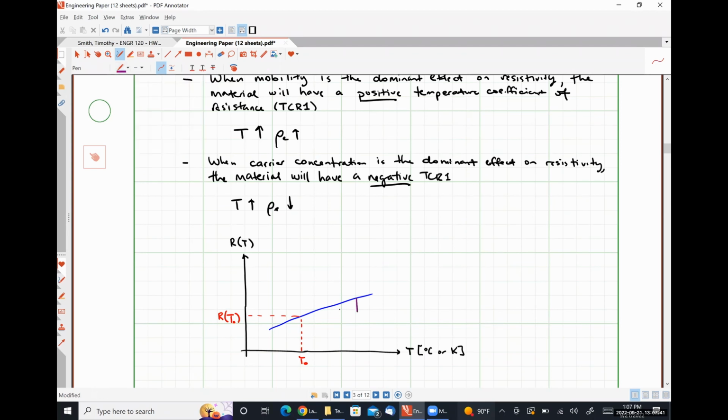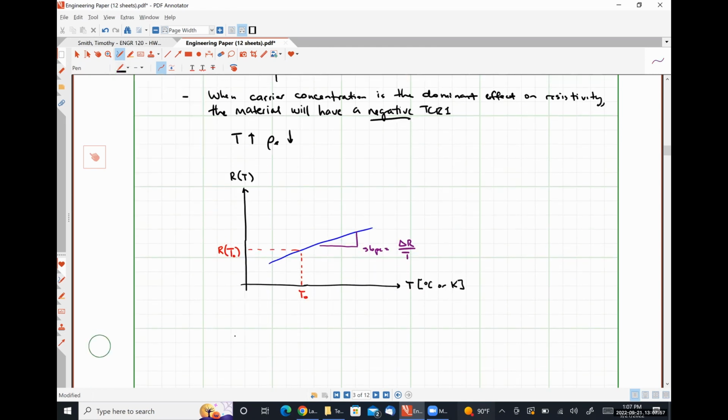And this thing has a slope that is change in resistance over temperature, so that we can say R as a function of temperature is R of T0 multiplied by 1 plus 1 over R of T0 times delta R over delta T times T minus T0. I know this is getting ridiculous.